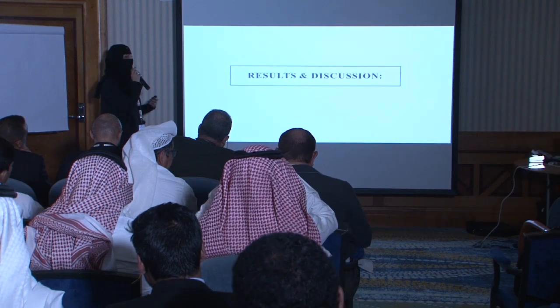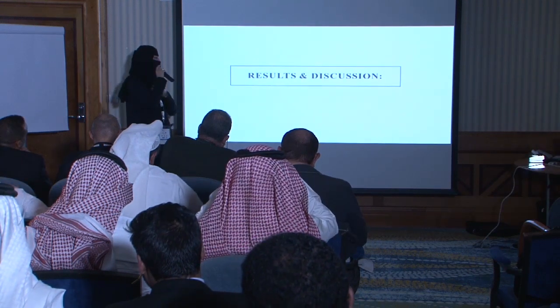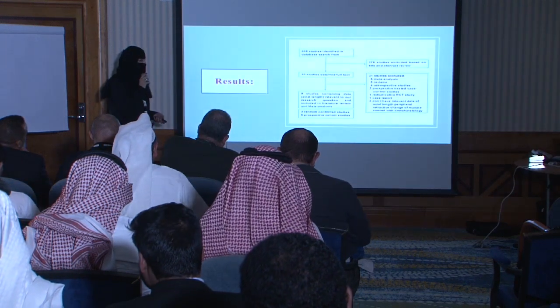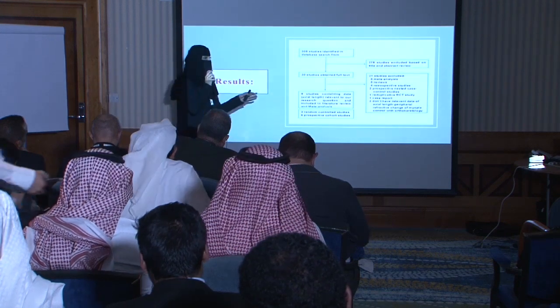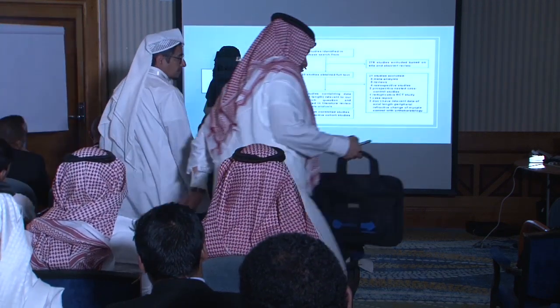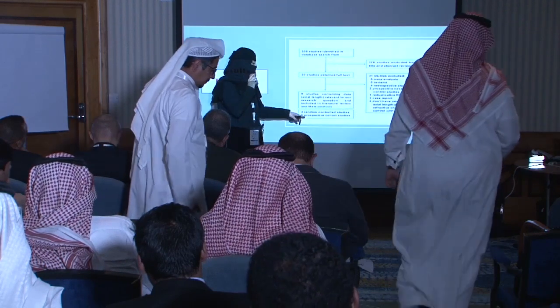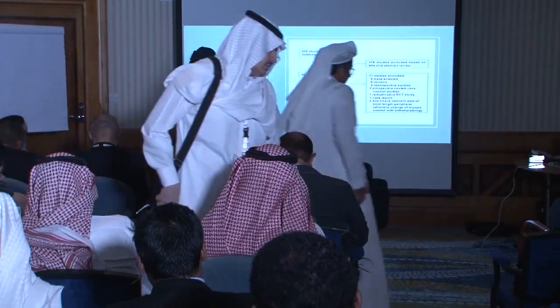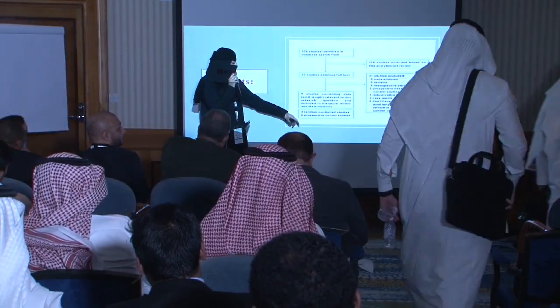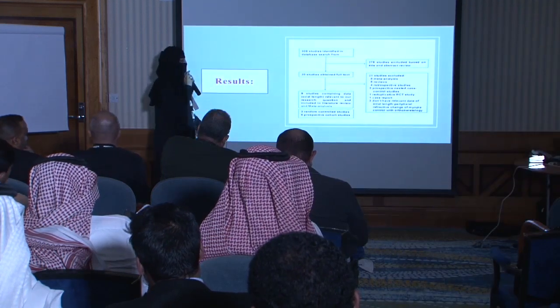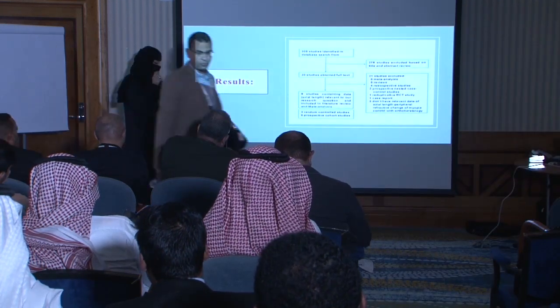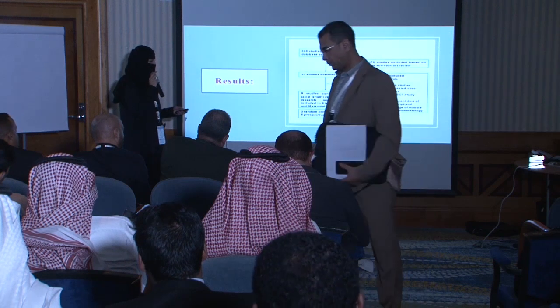So let's talk about the result of this study and the discussion. I identified 308 studies in the PubMed database. After reading the title and abstract, I ended up with 9 studies, which are randomized control trials and cohort studies.